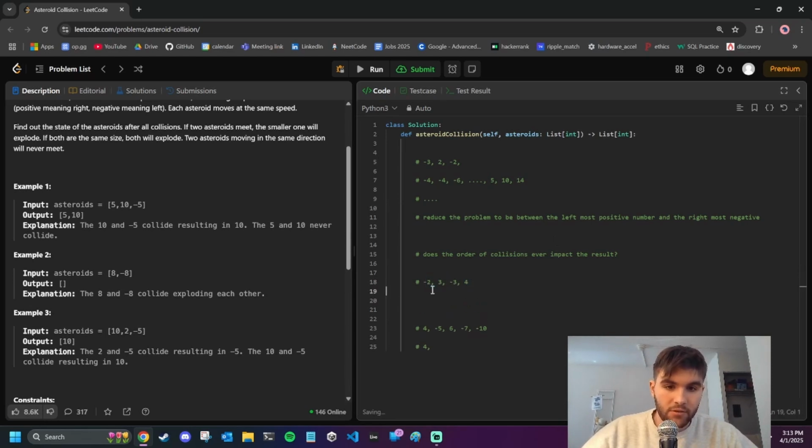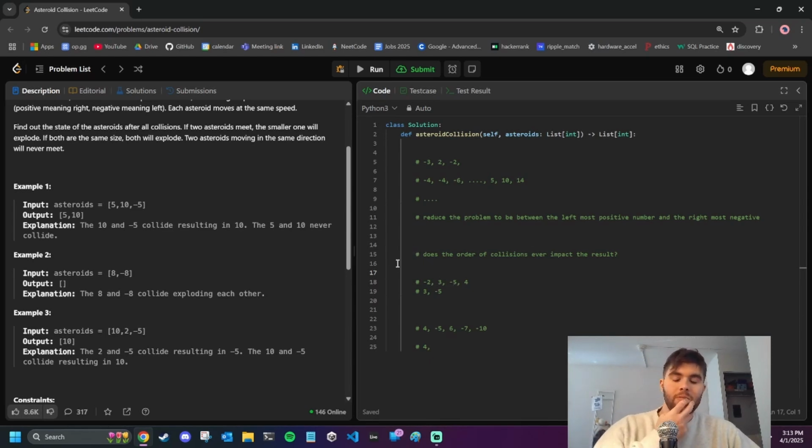So this one would be 3, and then this one would be 4. What if the negative would win, right? So then we'd have -5. So I guess whichever way it happens, it doesn't really matter because they're still going to have to collide anyway.